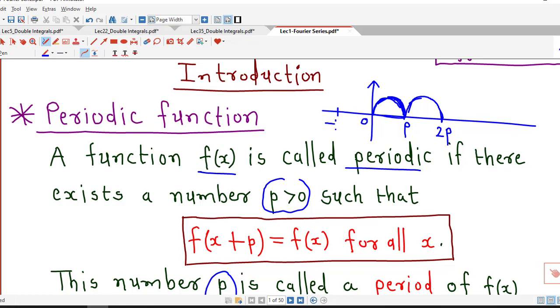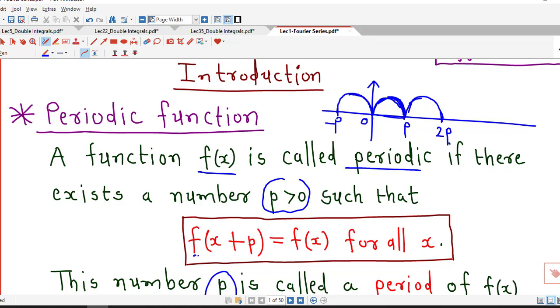Suppose I consider the interval from -p to 0, then in this interval also the graph of the function will be the same. So if there exists a positive real number p such that the graph of the function is the same in every interval of length p, then f(x) is known as a periodic function.